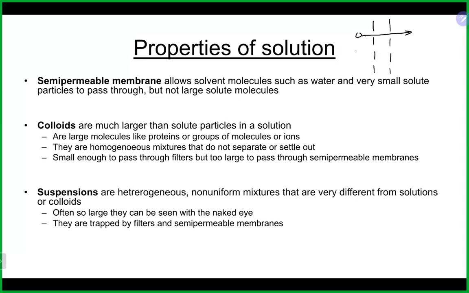It would also exclude larger molecules from making it through those holes. Like in your cells, they have membranes that allow certain things to flow in and out, and that's the same idea here.